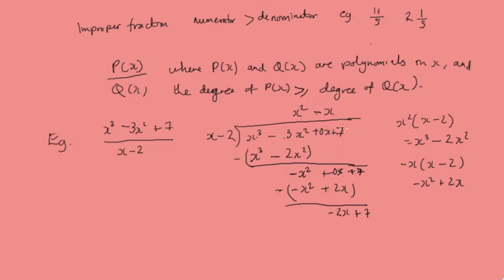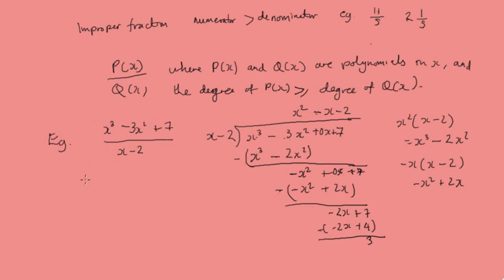So here we want to get a 2, and there's no 2 here, so it's going to be minus 2. So the minus 2 multiplied by that is going to give us minus 2x plus 4. And then we'll take this away, we'll lose the x's, and then 7 minus 4 is going to be 3, and that 3 is our remainder.